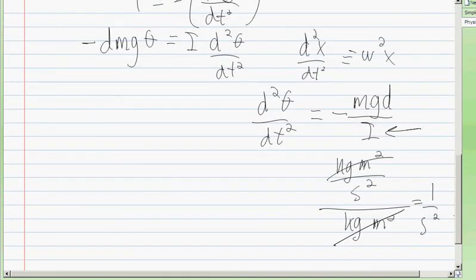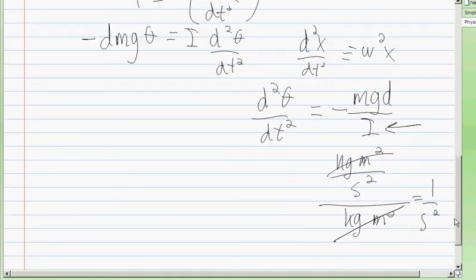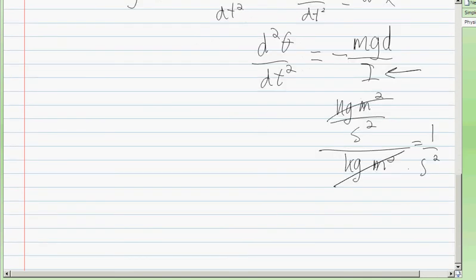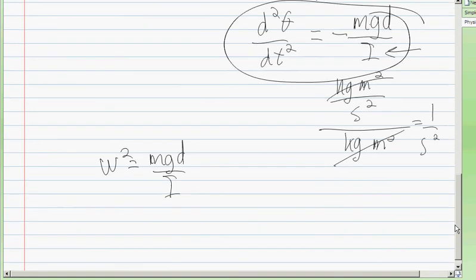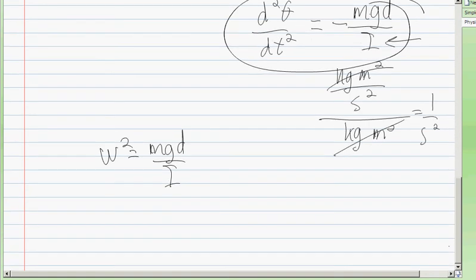Oh, I'm in love. That's exactly what it should be. And this also works out nicely because now we know that omega squared equals mgd over I. So we can make all the same pronouncements that we made before. Omega is going to be the square root of mgd over I.